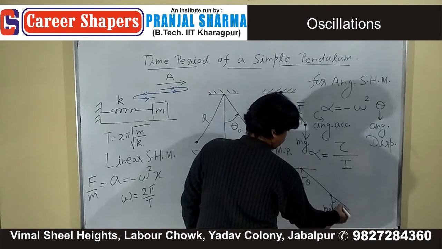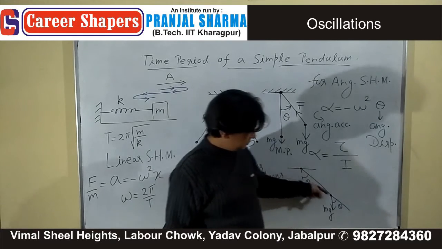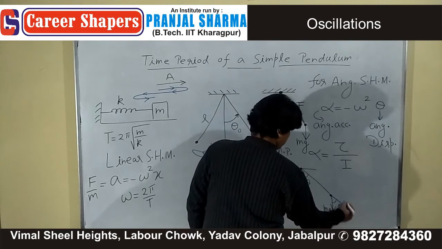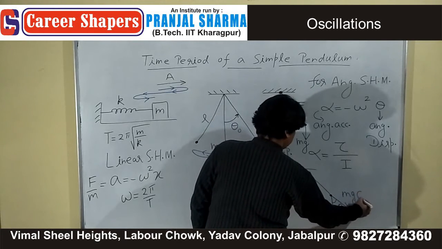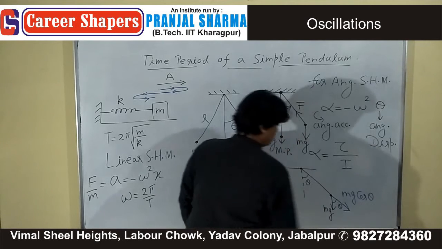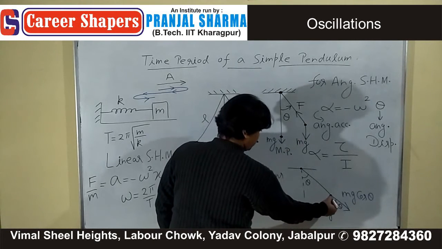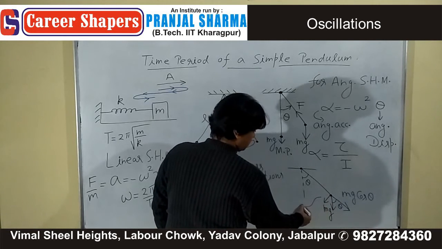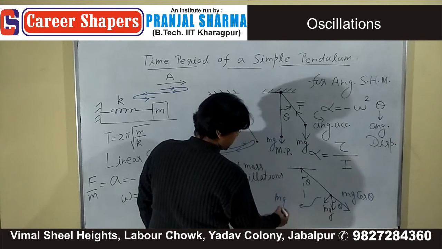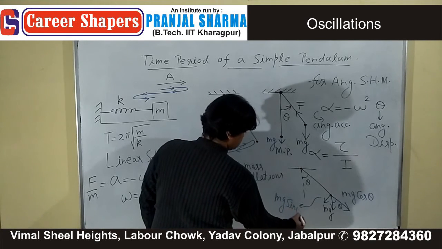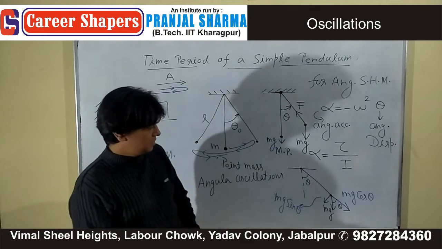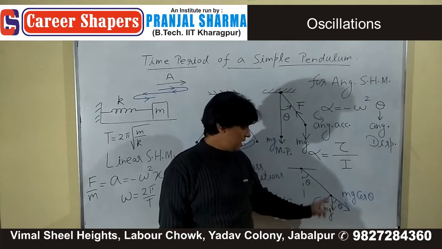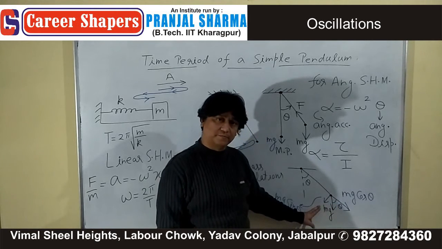This angle is also theta. What is the component of mg in this direction? The component of mg in this direction is mg cos theta. And the component of mg in this direction is mg sin theta. These are the two components acting on this ball, mg cos theta and mg sin theta.